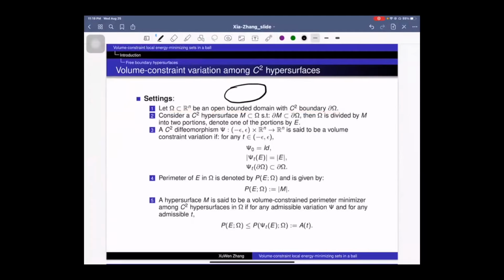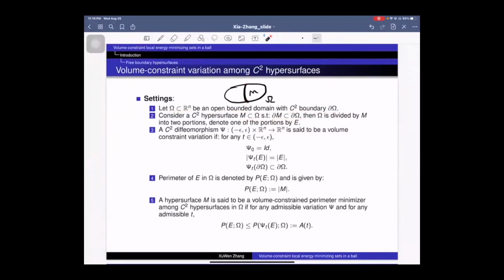Then we consider a C2 hypersurface M in omega, such that the boundary of M lies in the boundary of omega. Say this is M, with its boundary lying in partial omega.